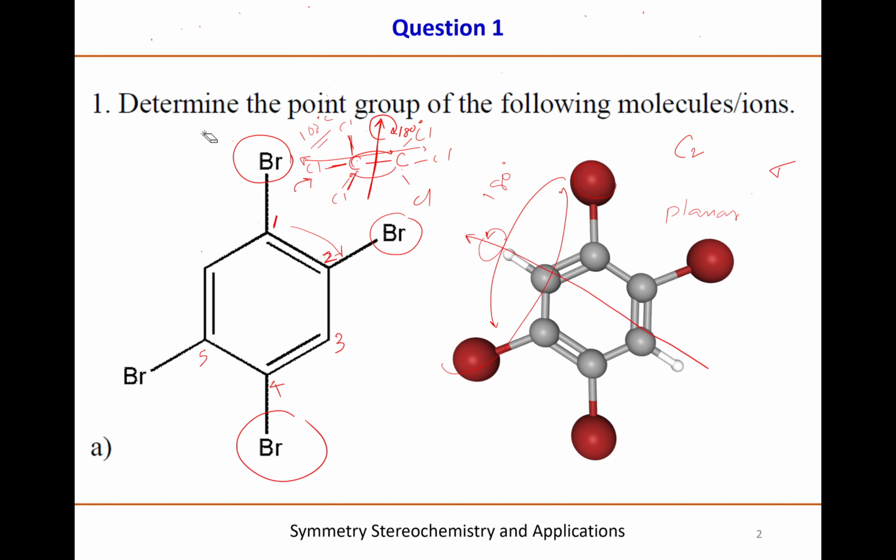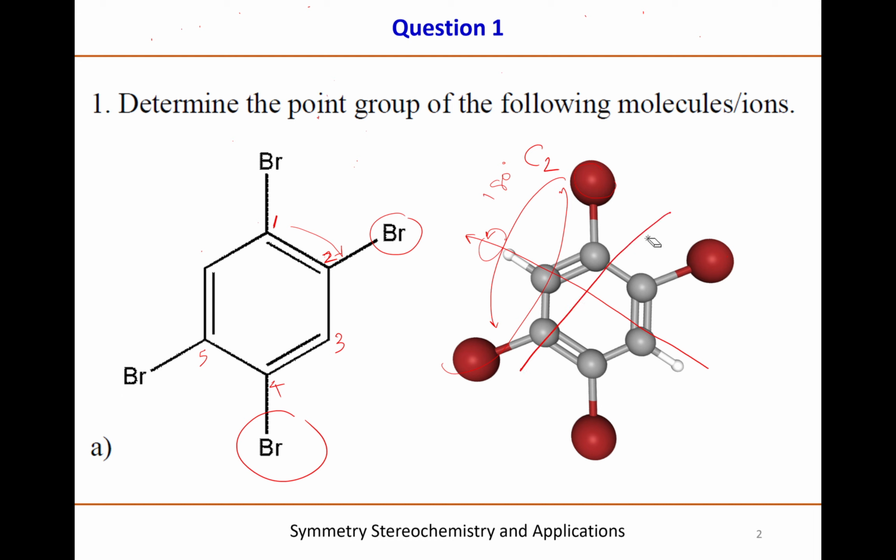Okay. Now let's solve this question. So here we got a C2 axis, right? Is any other axis of symmetry present?